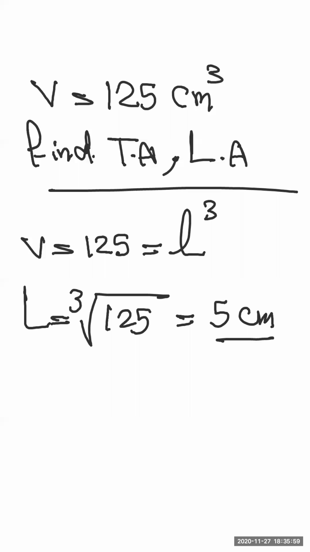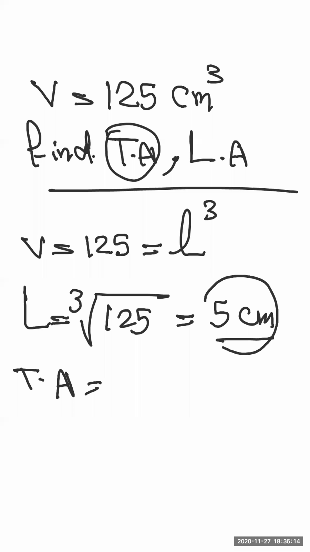First I want to get total area. Total area will equal 6 times area of the base, 6 times area of one face. Area of one face means 5 times 5.